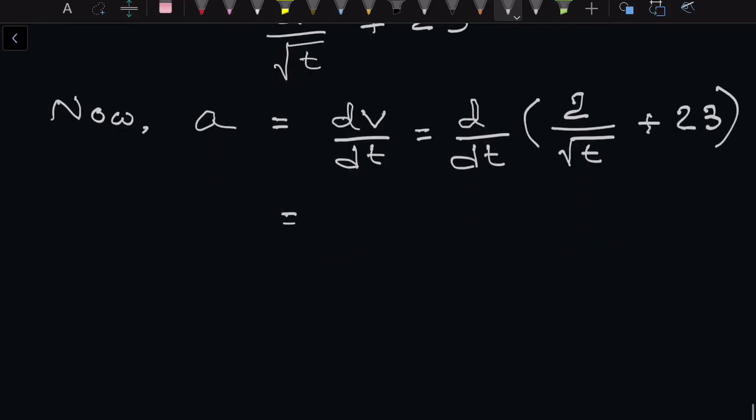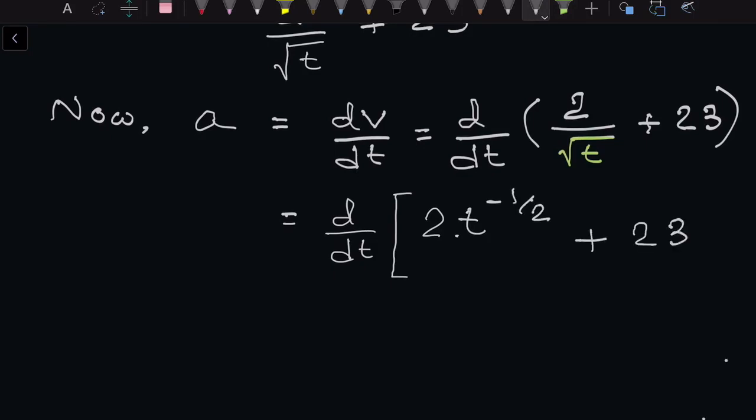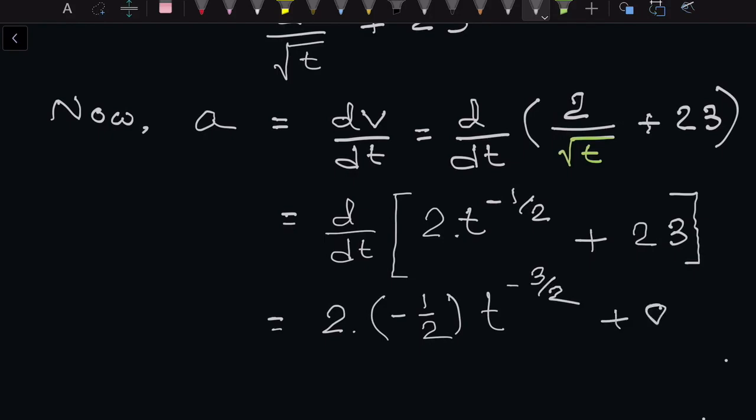Again, you need to change this to t to the power minus half and then 23. So it is 2 into minus half t to the power minus half minus 1, that is minus 3 by 2, plus 0, since differentiation of 23 is 0. t to the power minus half gives us t to the power minus 3 by 2.